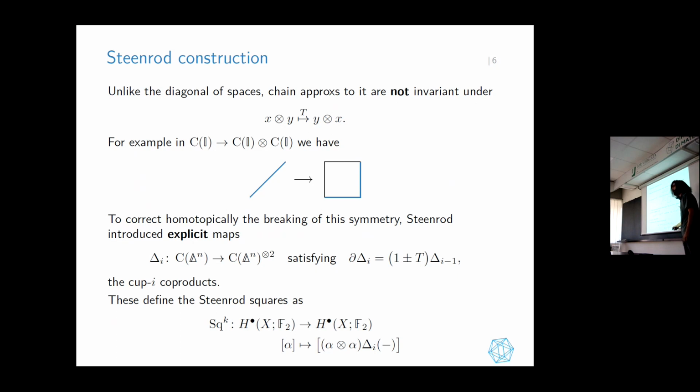So it eats chains and should produce a number. We apply the diagonal to that chain and then evaluate it against the cocycle times itself. This is where the original construction comes from, and this is what we're going to explore more closely.